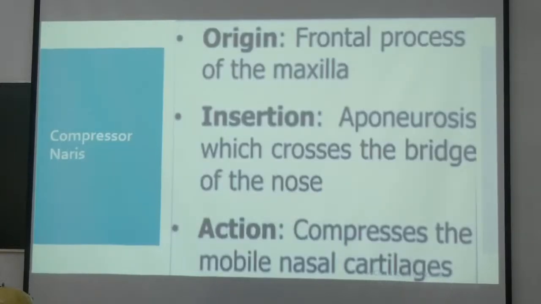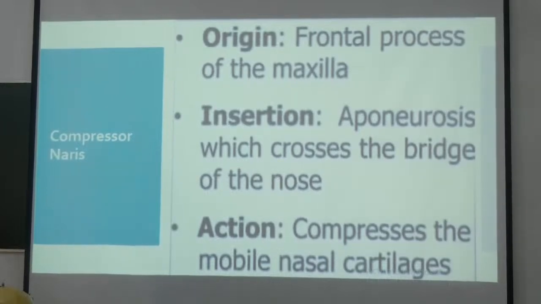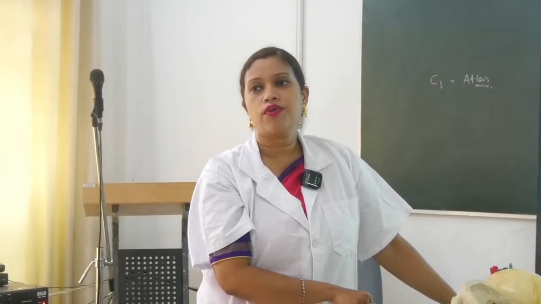Compressor nares and the others are not that important; if you remember the names for undergraduate level, that is enough. But in detail you have to study occipitofrontalis, orbicularis oculi and also buccinator. Please prepare these three short notes.